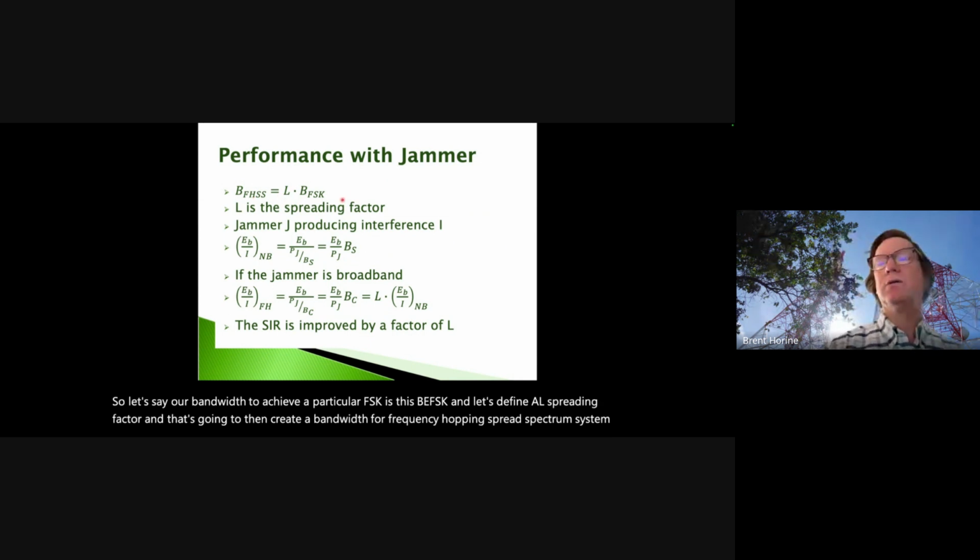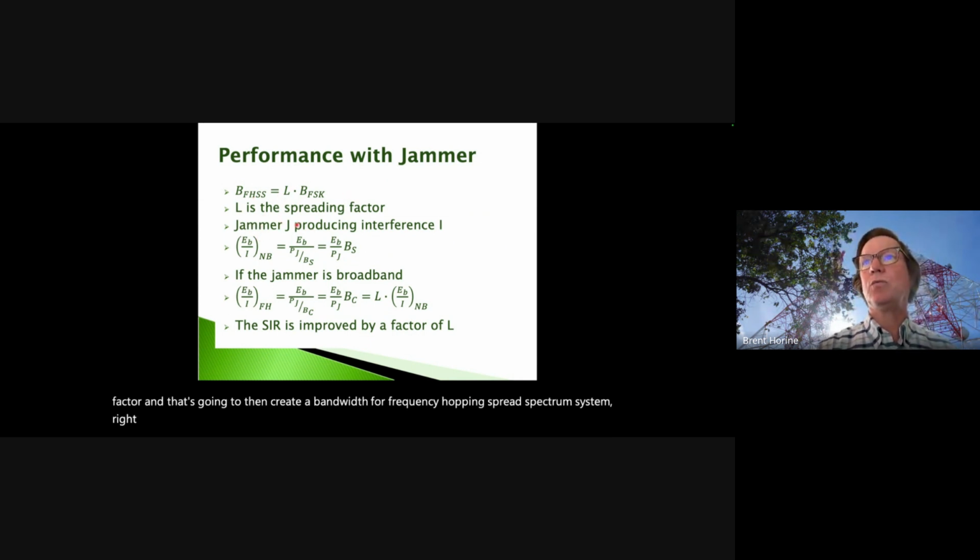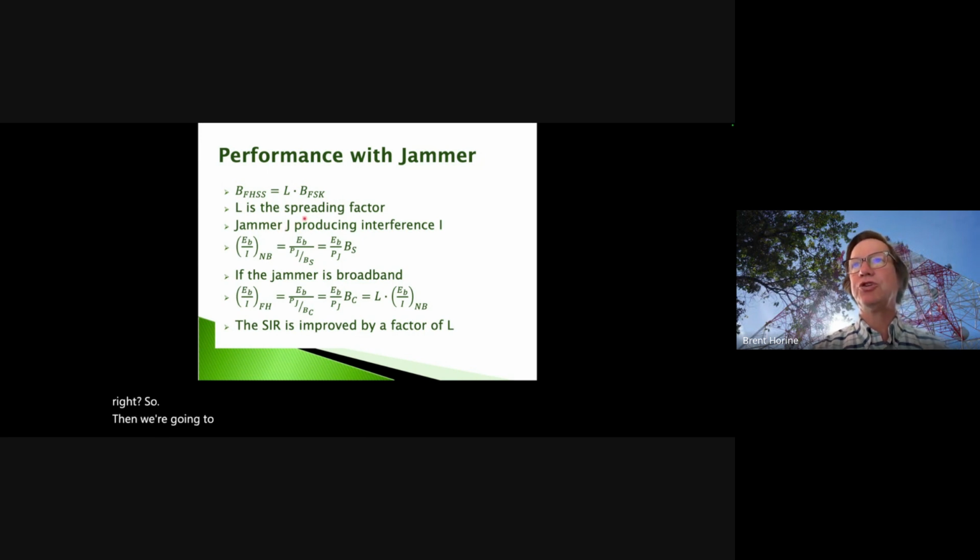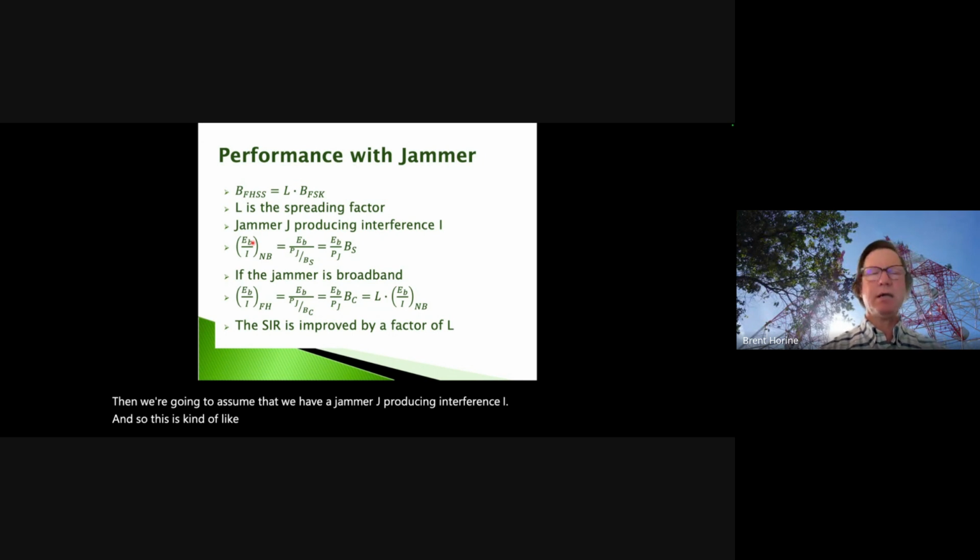Right, so then we're going to assume that we have a jammer J producing interference I. And so this is kind of like Eb/N0, or signal to noise ratio, but now we're really talking about interference.